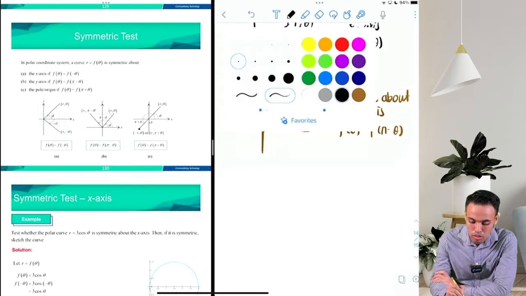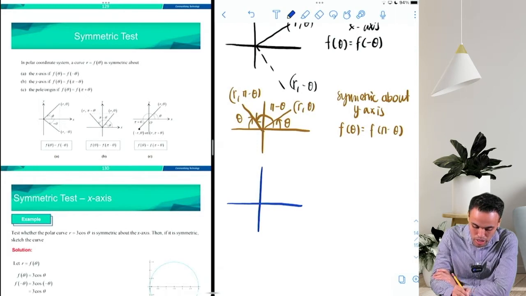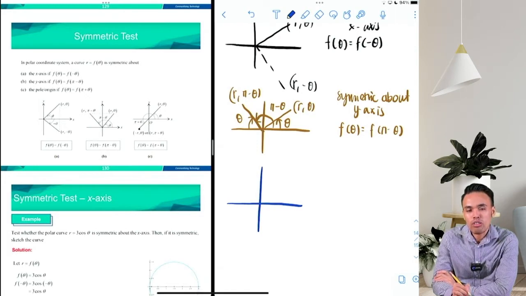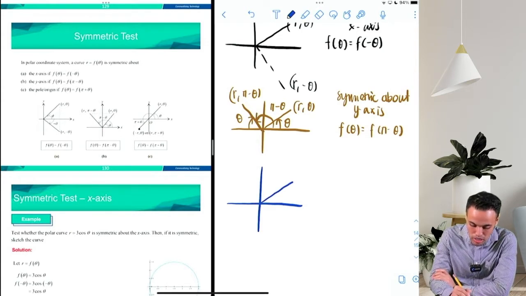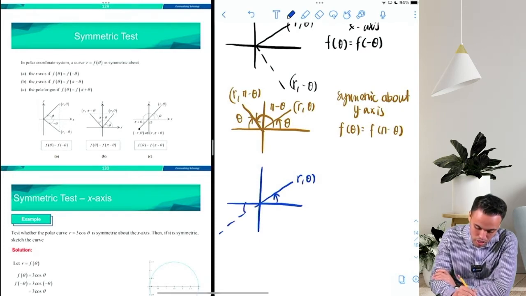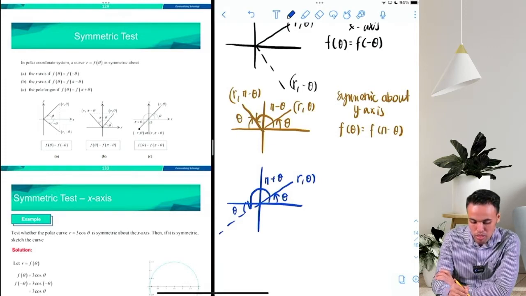The next illustration demonstrates the situation when you would like to show whether the curve is symmetric about the origin or not. If this is r theta, then the value here is also theta. Therefore, if you measure your theta in this direction, this should be pi plus theta.